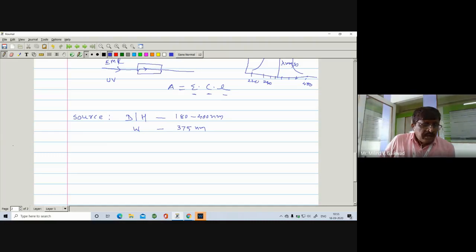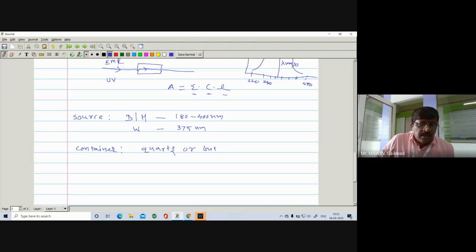Okay, and the container that we use for this is generally made of quartz crystal, or it may be pure silica.